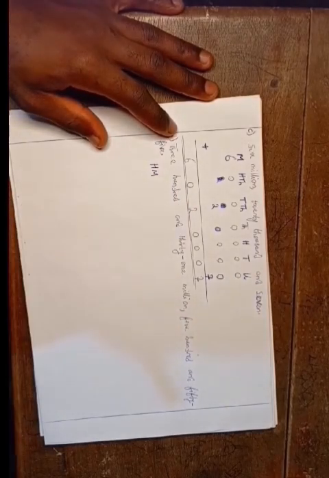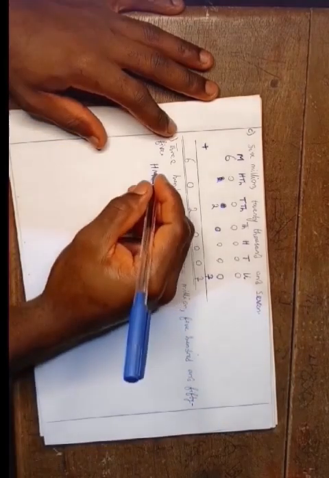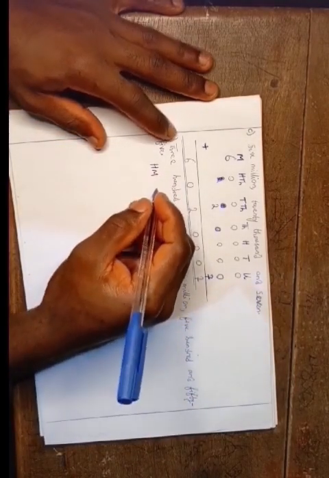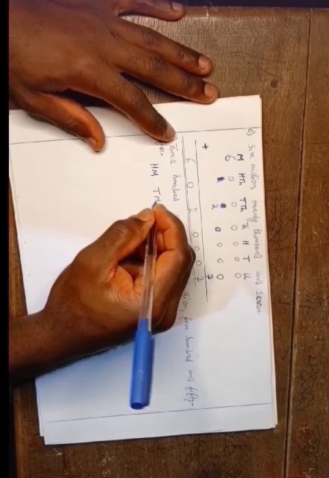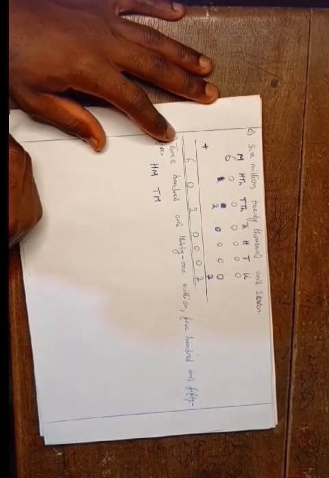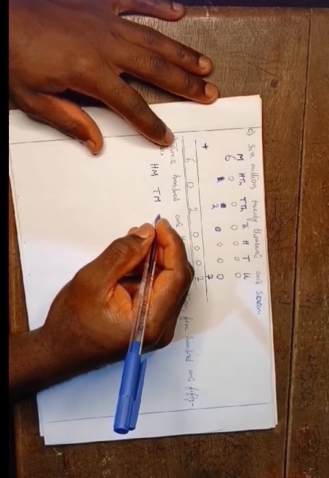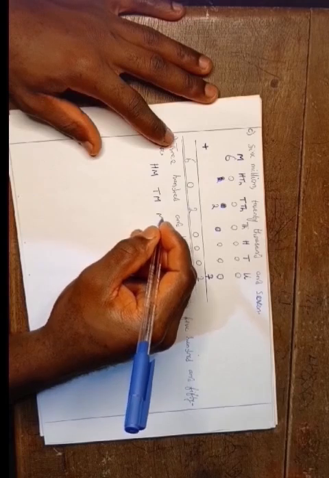The next place value will simply be 10 millions. After 100 millions, the next place value will be 10 millions. And after 10 millions, we have millions.